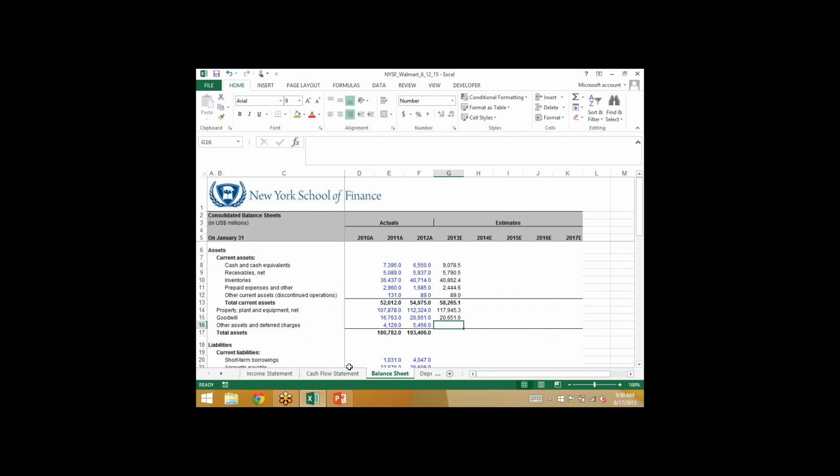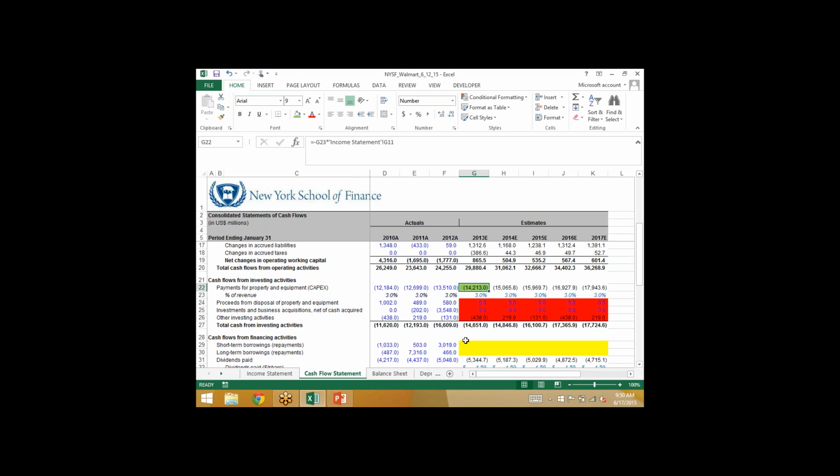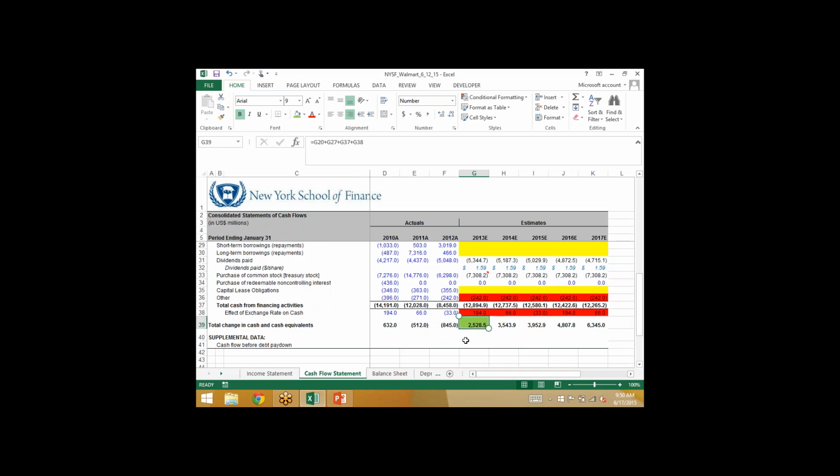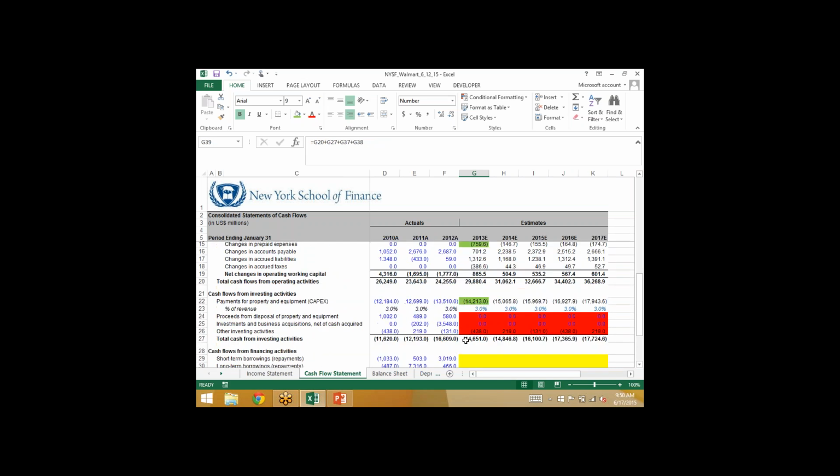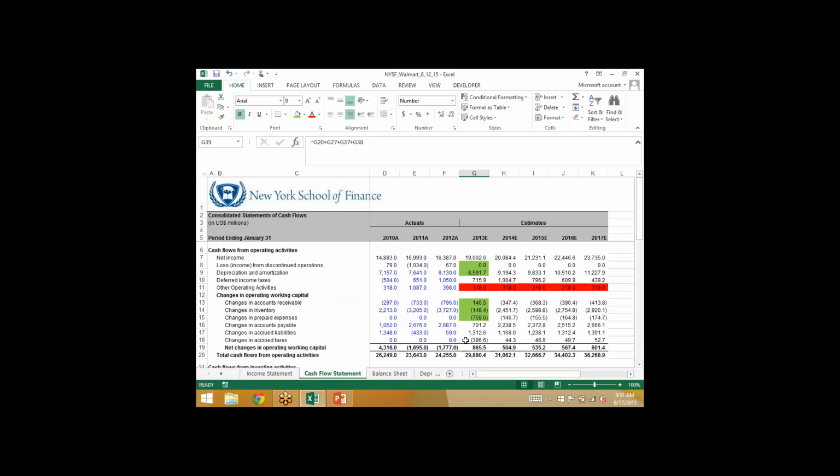Just go to your cash. Cash flow? You didn't know cash? So you just go to 39. Yep. 25285. You got a different number? Yeah. What's your depreciation number? 85917.